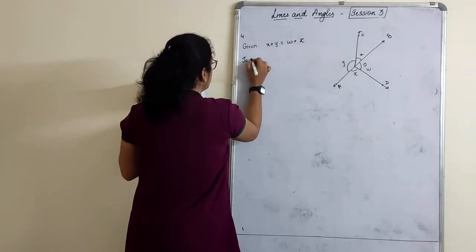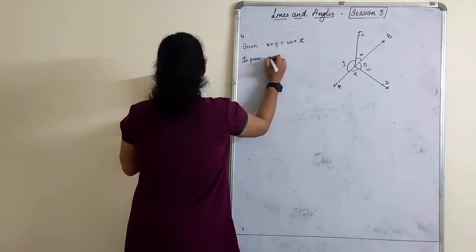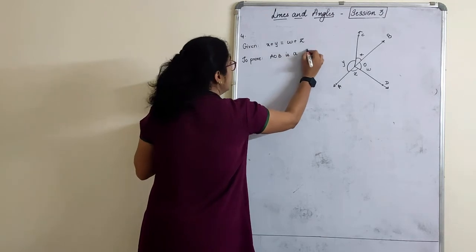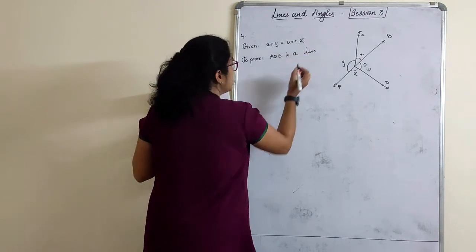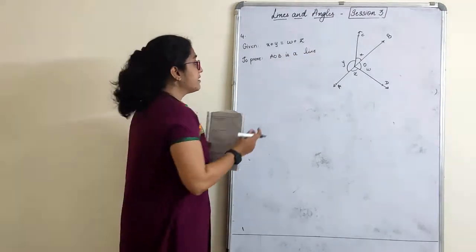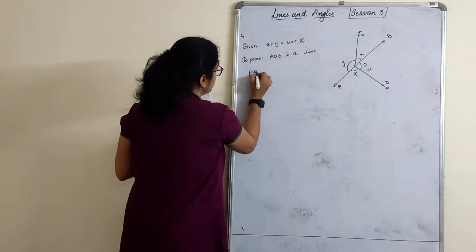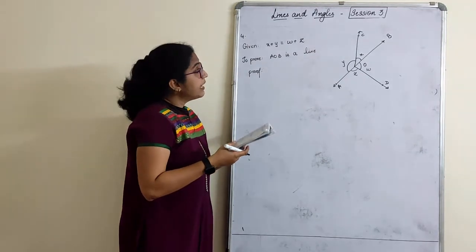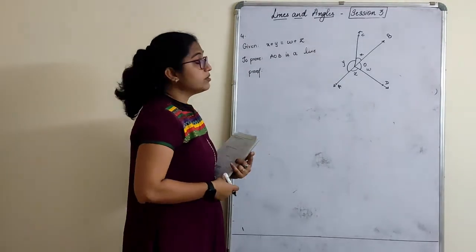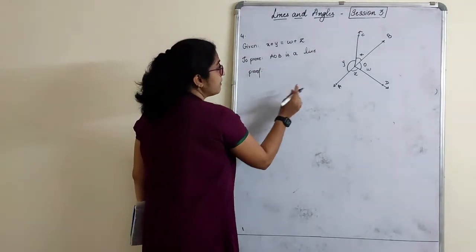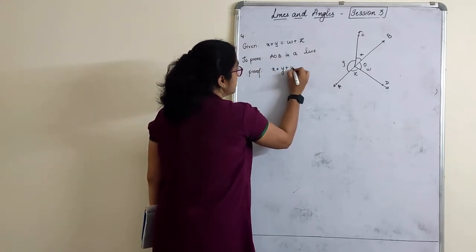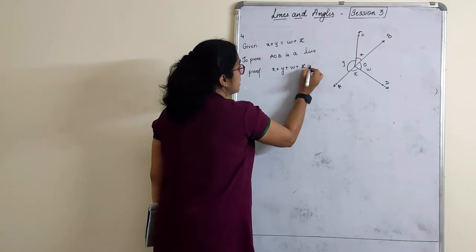What we have to prove? To prove AOB is a line, that is nothing but a straight line. Proof. So they have given here X plus Y is equal to W plus Z. So now what I will do here is I will write X plus Y plus W plus Z is equal to what?